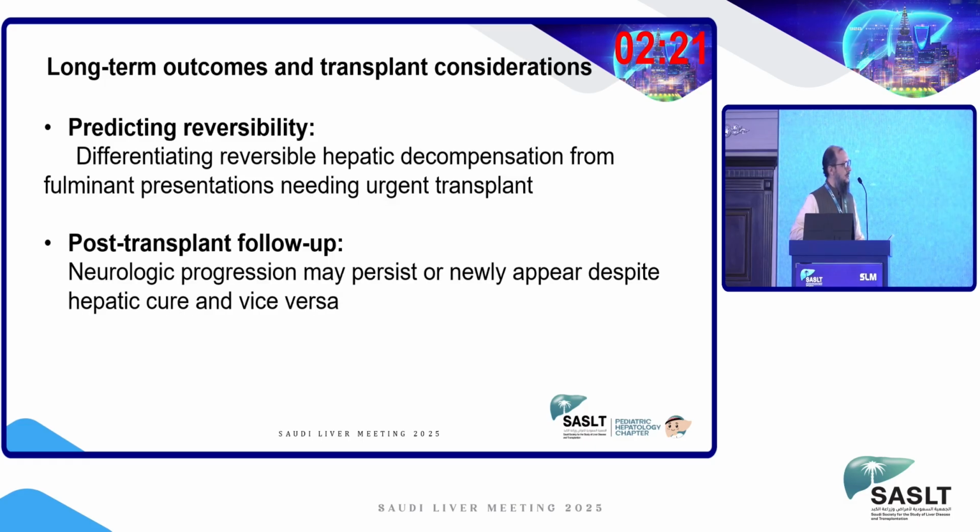Regarding long-term outcome and transplant considerations in Wilson disease, one of the main challenges is predicting reversibility, especially if you have a child who has acute liver failure and you are challenged with the diagnosis to begin with. But if you have preliminary tests which are suggestive of Wilson disease, then you might want to give that child a chance with chelation therapy and avoid transplantation.